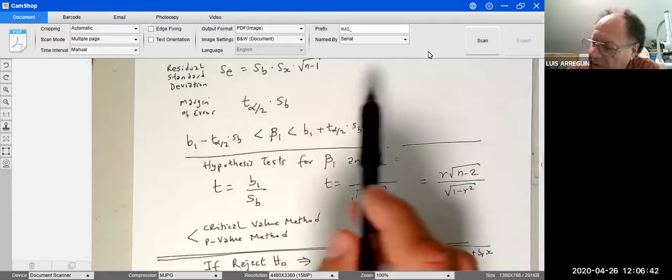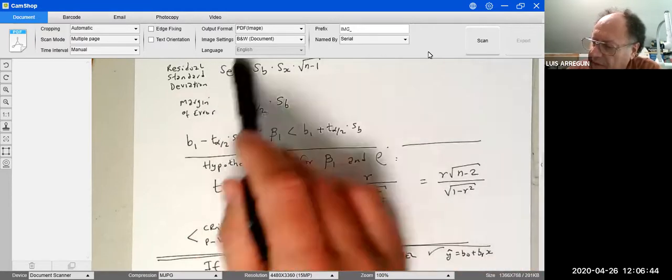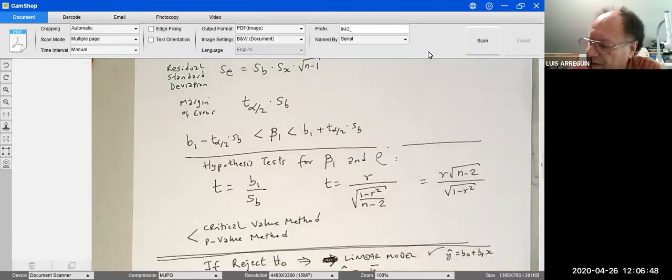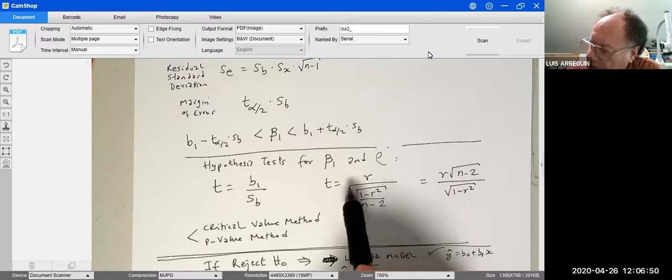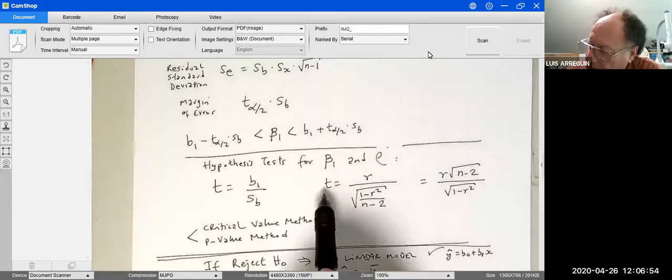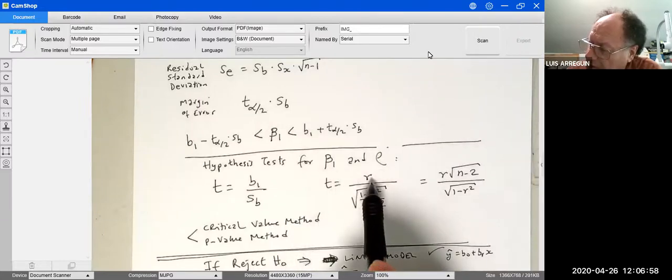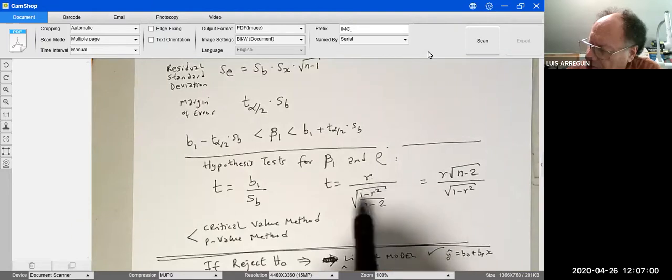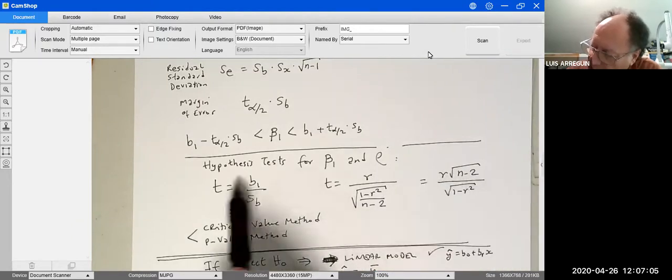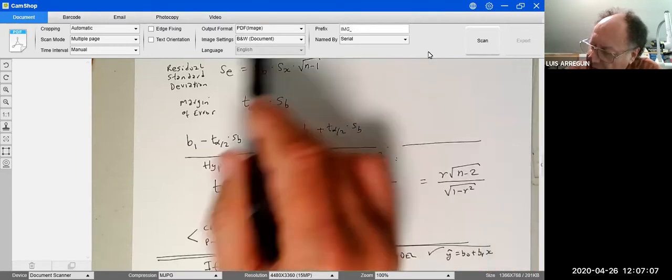Sometimes you are not interested in getting the confidence interval for the slope. You just want to know whether you can use a linear model, so you can go directly and compute this test statistic by using the linear correlation coefficient. If you do this computation, which is the same as this, you're going to get the same value, but without going through these steps here.